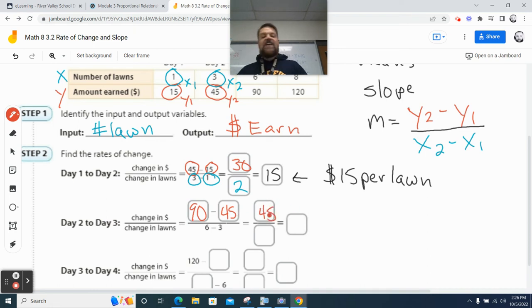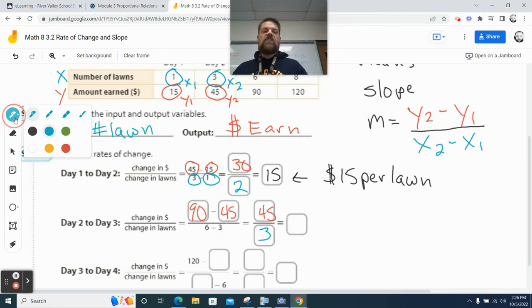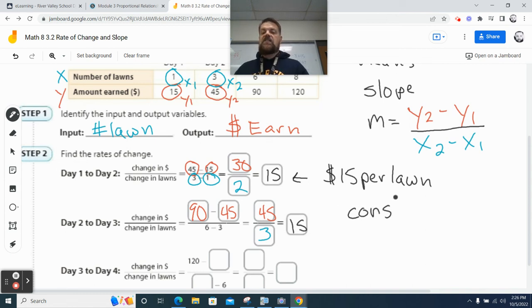Calm down. And then what is 6 minus 3? 3. What's 45 divided by 3? 15. So because we say that it's a constant rate of change, if it is in fact a constant rate of change, they should all equal 15.